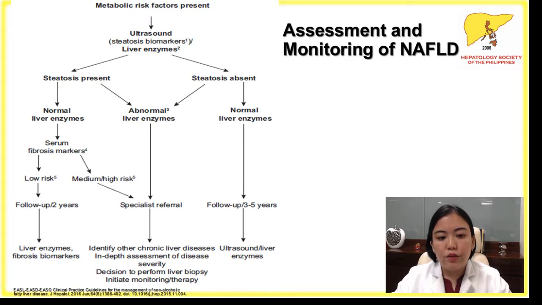If biomarkers do not suggest significant steatosis, the patient is considered low risk for NASH, and tests may be repeated after 2 years. If biomarkers suggest significant steatosis, then specialist referral should follow. If liver enzymes are abnormal and steatosis is present, specialist referral is also recommended.